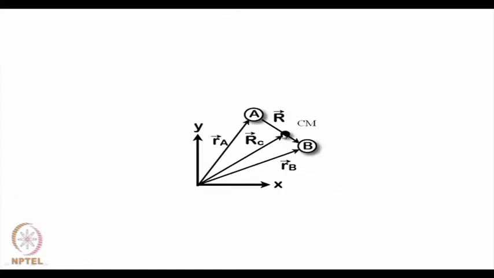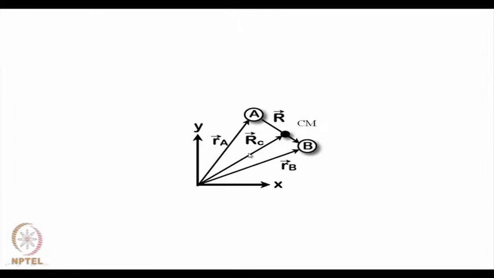Okay. So, this is our center of mass, this is A, this is B. Okay. So, this is R A vector, the radius vector of A, and R B is the radius vector of B, this is the origin, and this is the radius vector corresponding to the center of mass. Okay.